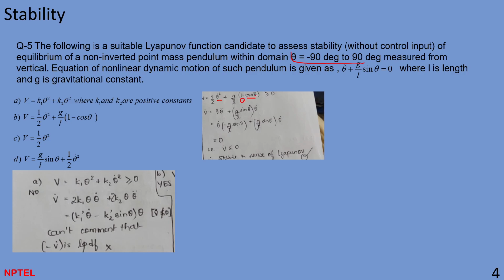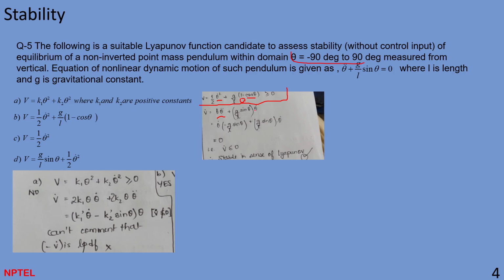When you say pi by 2, it will be positive again. So V will remain always positive. V is a positive definite function. First condition satisfied. Coming to the second condition, is it stable or not? Again, you differentiate, and you will get theta dot and theta double dot, and this is g by L sine theta dot.